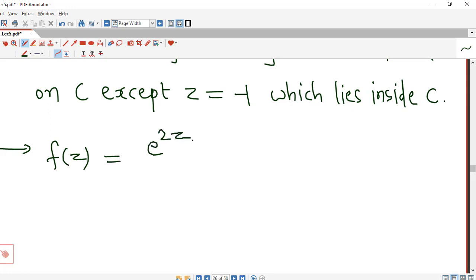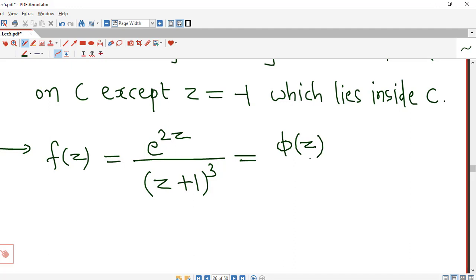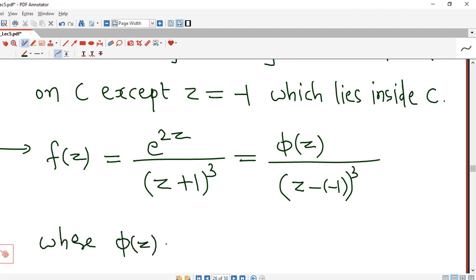Now f(z) is e^(2z) over (z+1)^3, or this we can rewrite as phi(z) over (z - (-1))^3, where phi(z) = e^(2z).